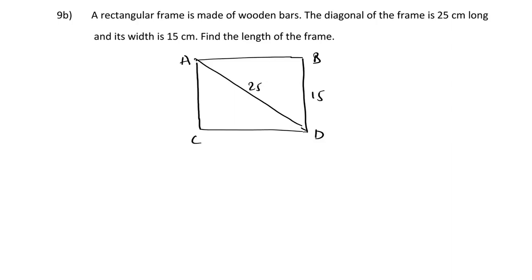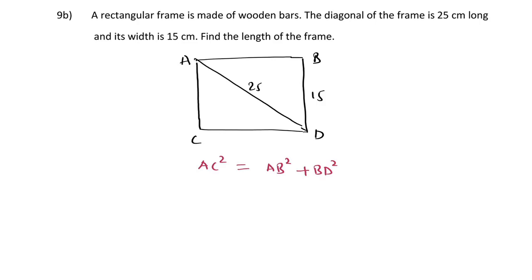Okay, so to find the length of the frame, we are going to consider a triangle ABD, and with that one, we are going to apply the Pythagoras theorem in order to find the side AB, which is the length of the frame. So the theorem says AC squared equals AB squared plus BD squared.